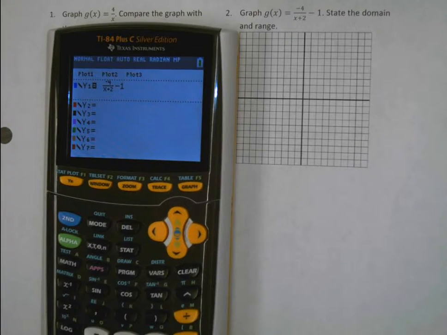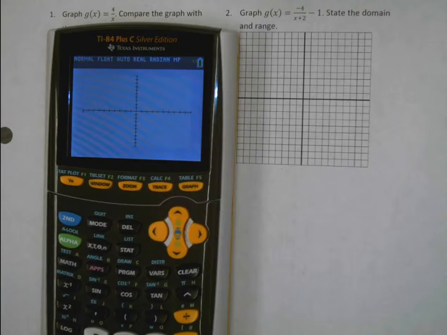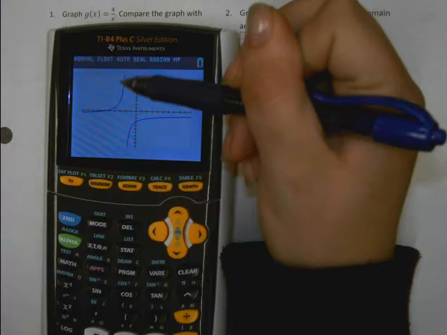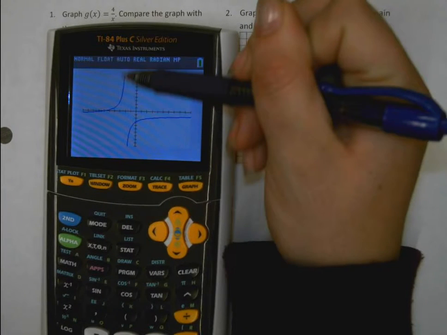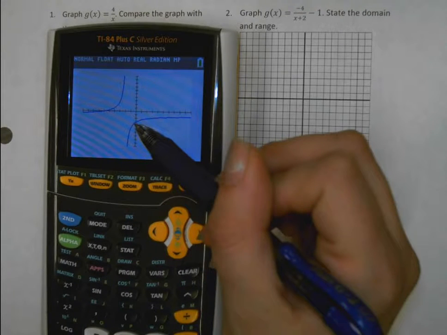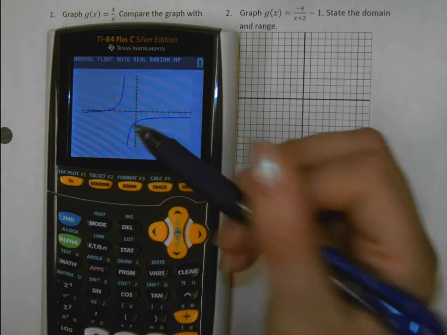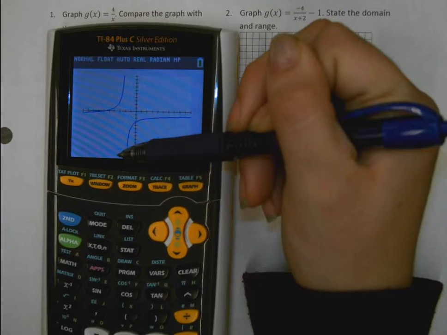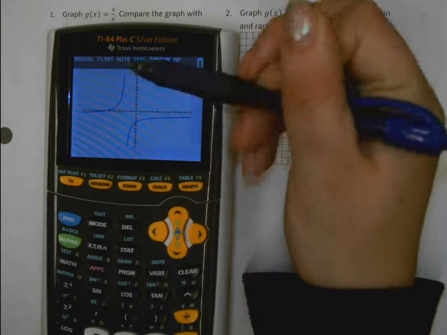Okay, so then I'm going to go and graph this. What do you notice is happening right here? It crosses the y-axis right here. I'm talking about right here. What's happening right here? Is it just going up?